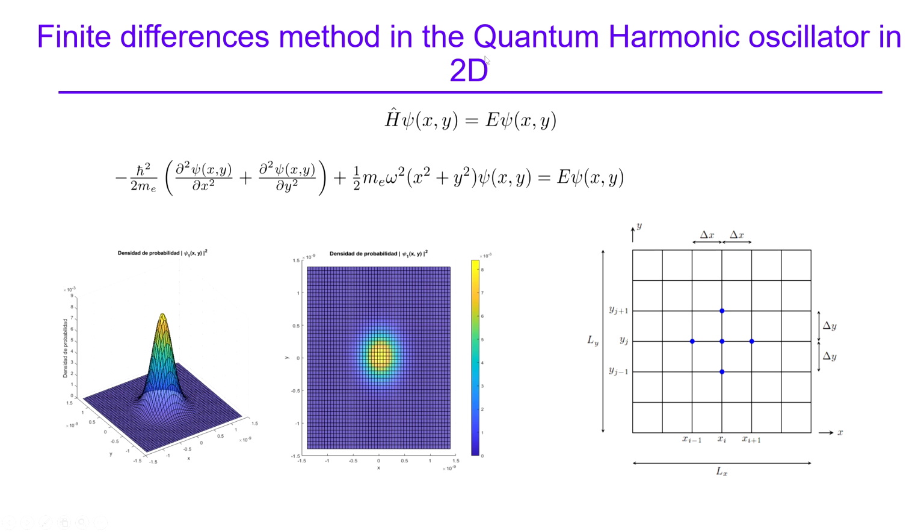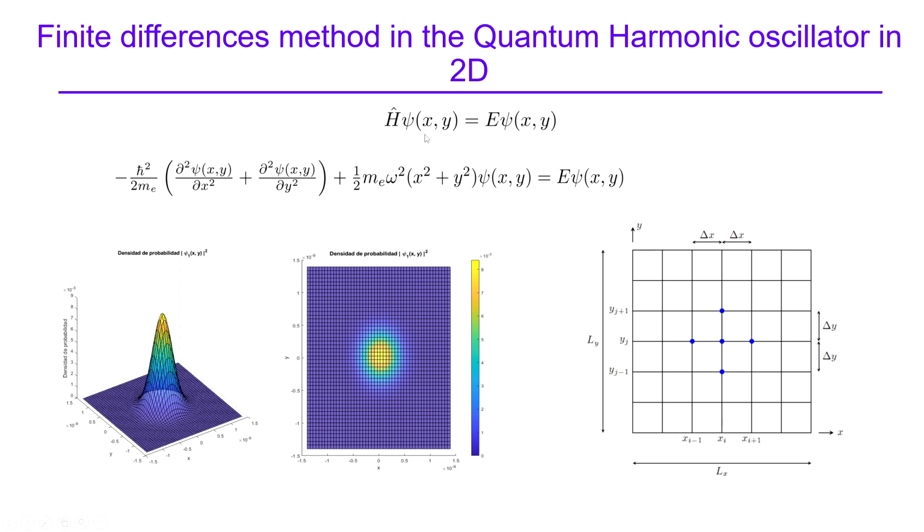If you know about this, the equation represents an eigenvalue problem. This expression is a matrix multiplied by a vector.